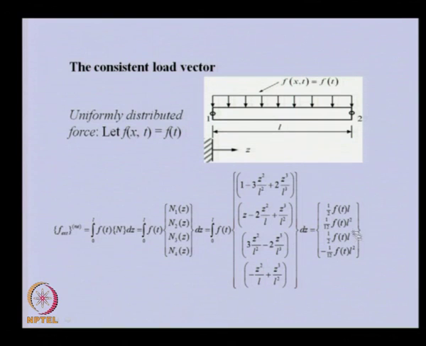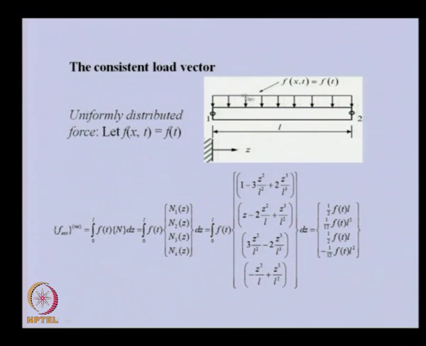You can see that because of this distributed force over the element, we are getting some kind of equivalent force at 2 nodes as well as equivalent moment at those 2 nodes, because the first and third belong to the force and the second and fourth belong to the moment.